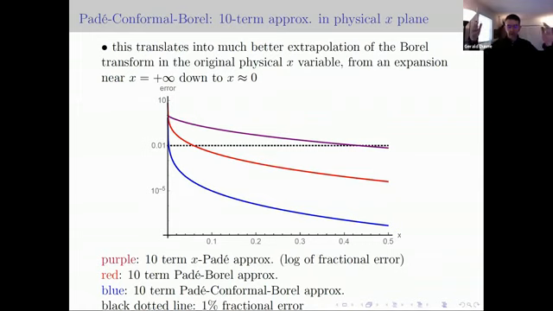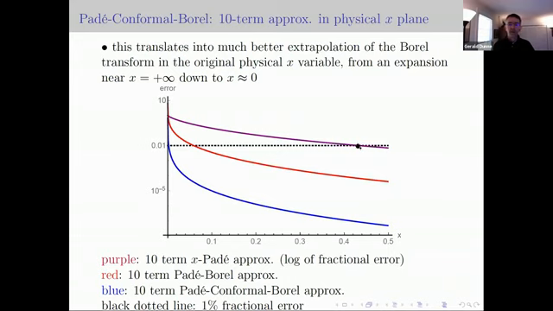It's not like in the mathematics world where you just say, oh well, I'll change the number of terms. That's not possible in a lot of problems. This is the problem where the number of terms is fixed, but you still want to squeeze as much information out of it as possible. And the point is you can do much, much better than the standard least term truncation.